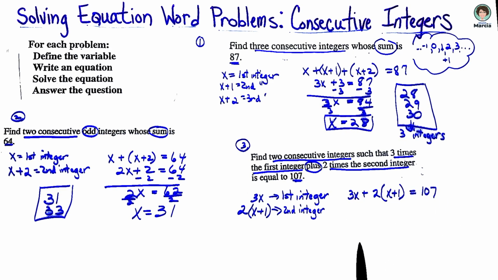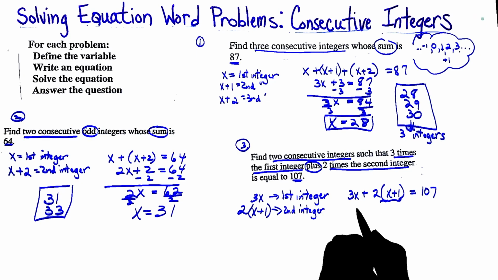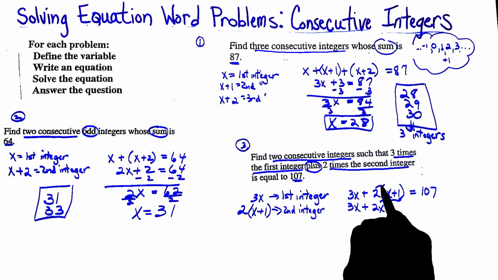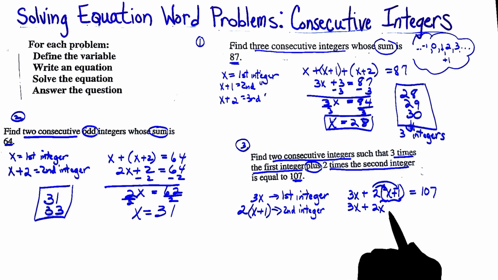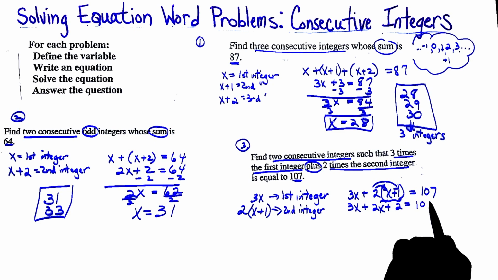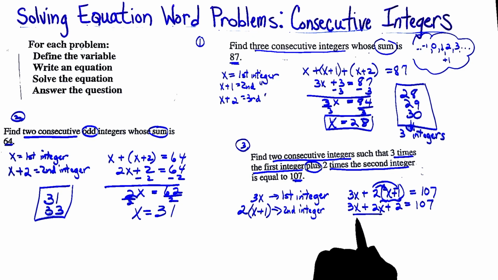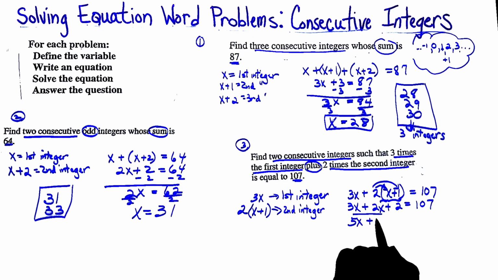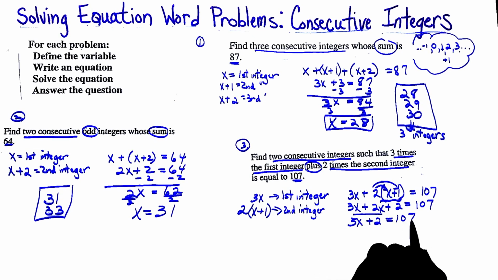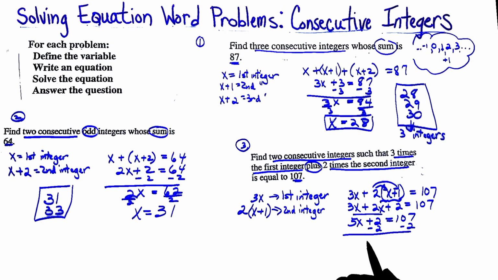Well, order of operations tells us we must do this first. So 3x plus 2x, we do the distributive property. 2 times 1 is 2, plus 2 is equal to 107. Well, I'm going to put my x's together, and we get 5x plus 2 is equal to 107. I'm going to subtract 2, because we always add or subtract first, so 5x is equal to 105.